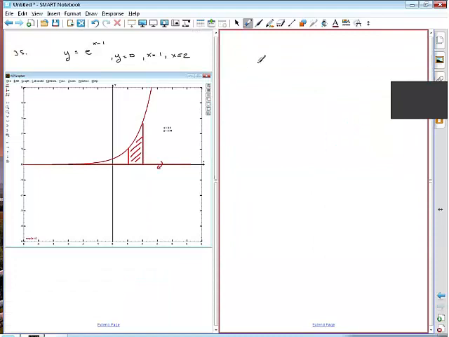So we know that the volume of a solid rotated around the x-axis using the disk method is pi times the integral from a to b of capital R of x quantity squared times dx.